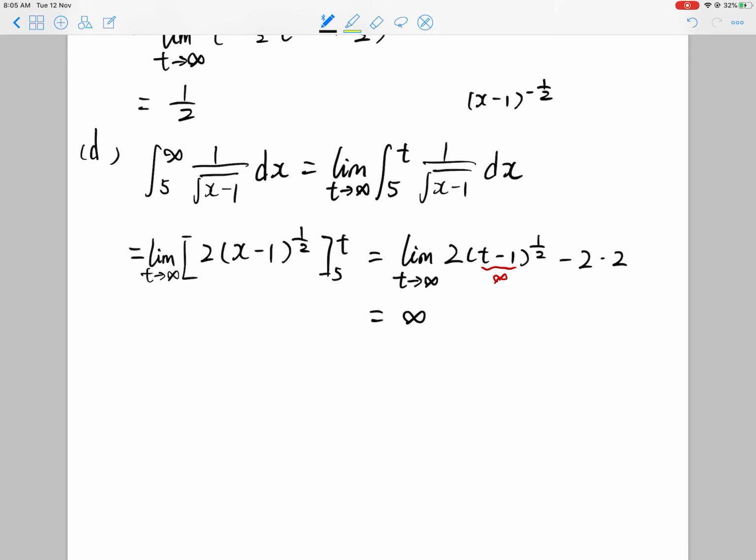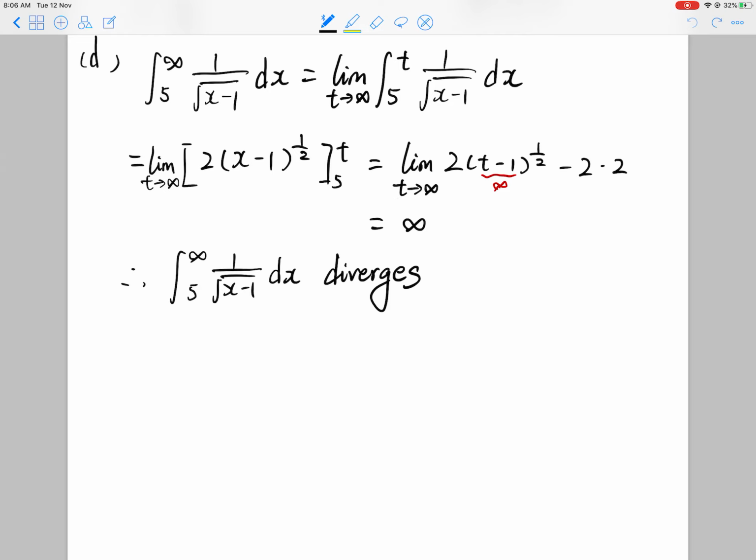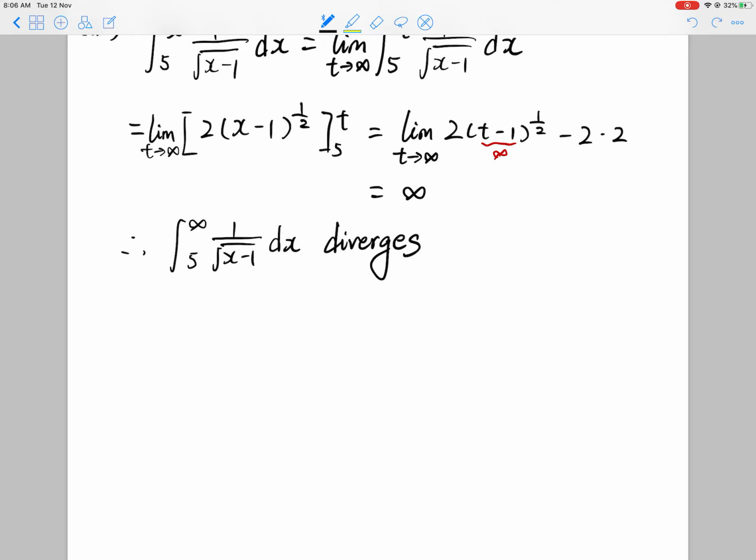Which means this improper integral diverges. Previously, from A to C we had a value, so the improper integral converges. Here, when it's infinity or negative infinity, it means it diverges.